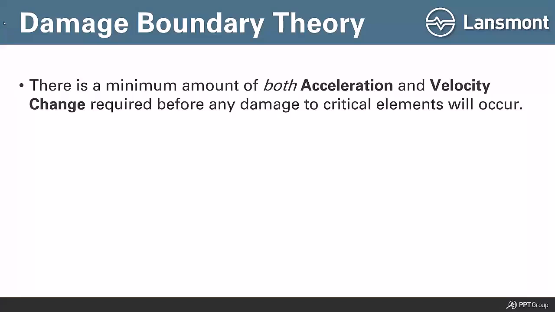And the alternate is true as well. You can have a shock event or a dynamic event with a whole bunch of velocity change, but if there isn't a lot of acceleration along with it, who cares? It's not necessarily a big deal. So both of those values are critical to understand when characterizing fragility.